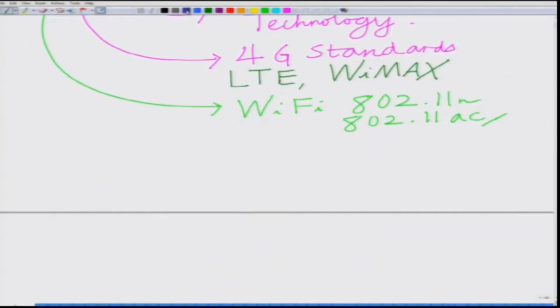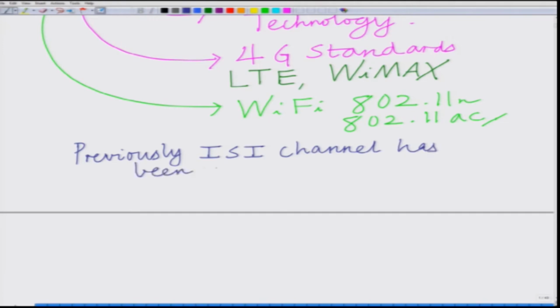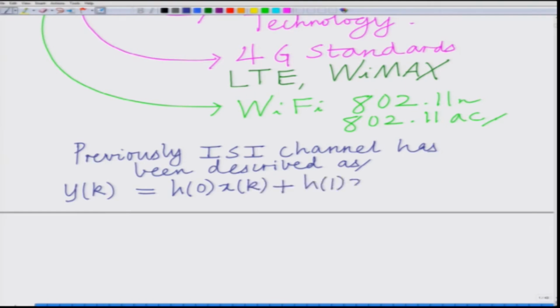as we have already seen many times before, we have described it previously. The ISI channel has been described as Yk, that is the received symbol at time k, equals H0 xk plus H1 xk minus 1 plus Vk.